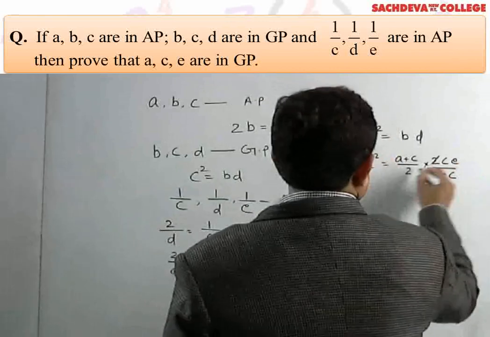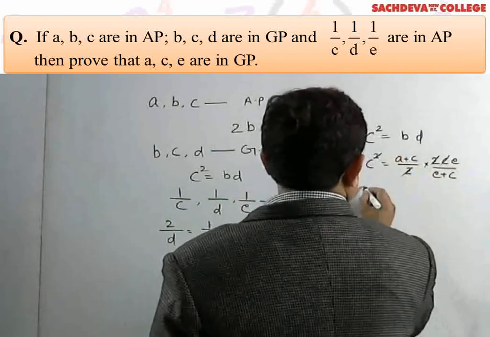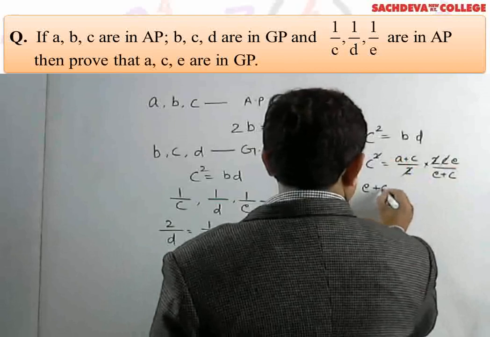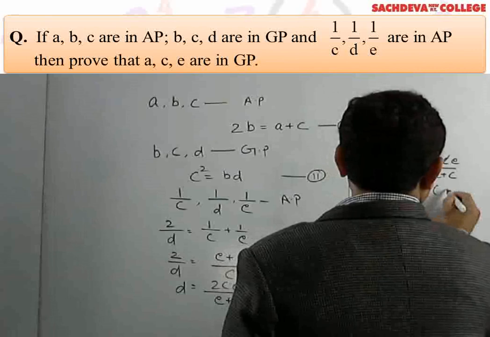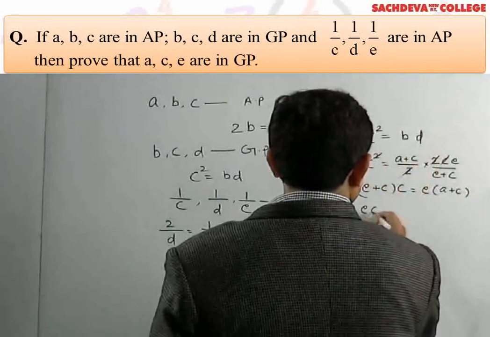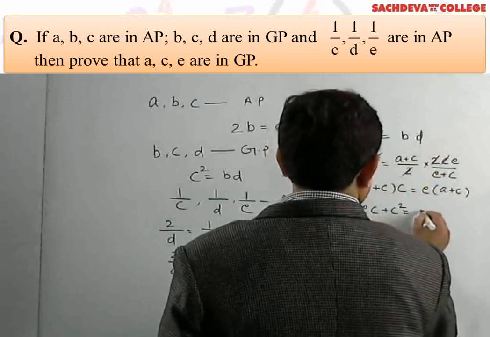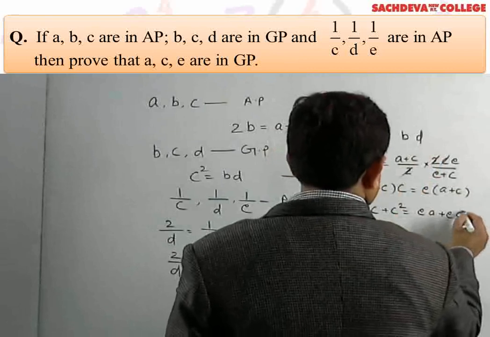This 2 cancels by 2, C cancels its square, or we find (E plus C) into C is equal to E into (A plus C), or EC plus C squared is equal to EA plus EC, and EC cancels by EC.